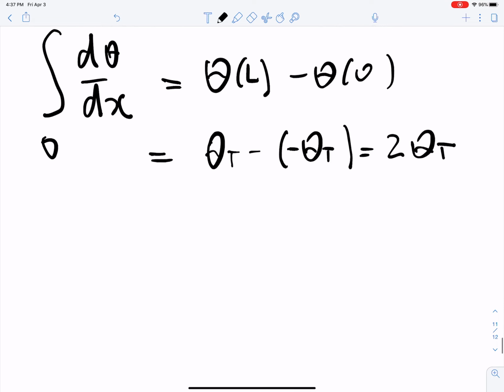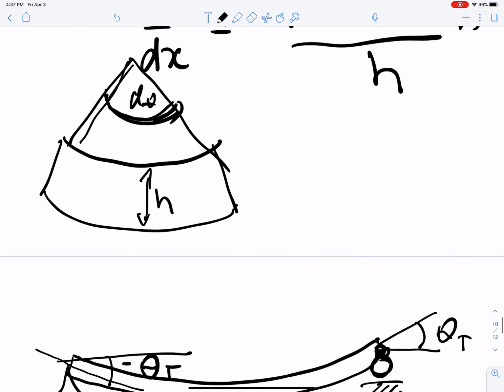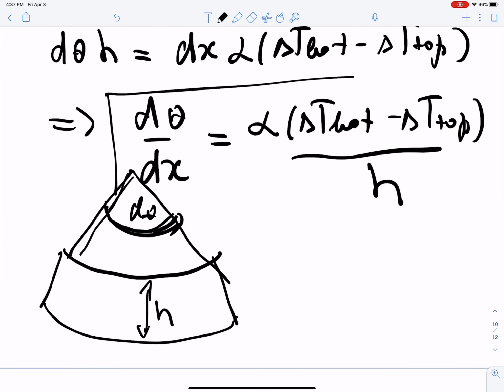At the same time, if I take the integral from 0 to L of d theta dx, I go back and use this expression here.